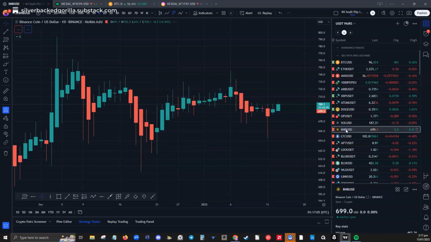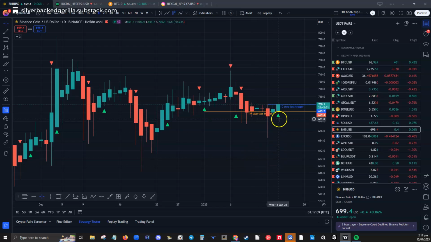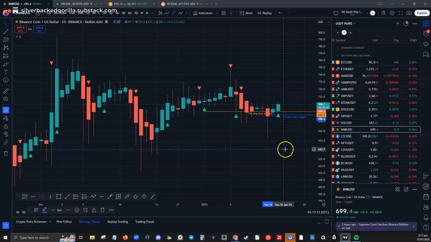So BNB. It is a current buy. There is a new buy candle here, and it's actually just around the weekly support as well. It's good I've got both on these charts, so I can see where the weekly is and the daily.